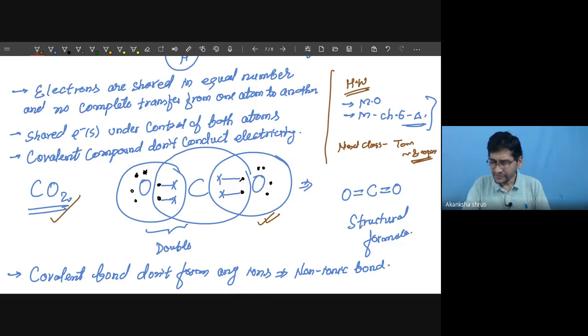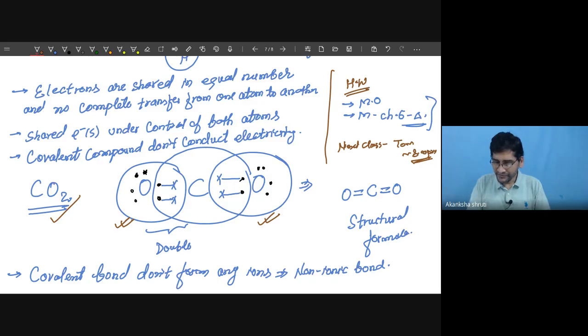So in this way a total of 2 pairs of electrons are shared between the carbon and one of the oxygens. But for completing the octet, the carbon needs 8, so it also shares 2 other electrons with the other oxygen.